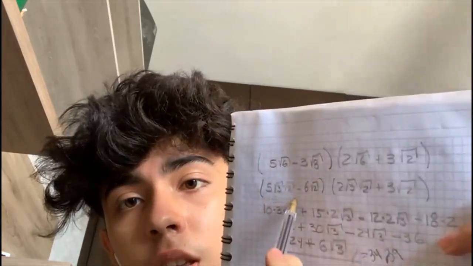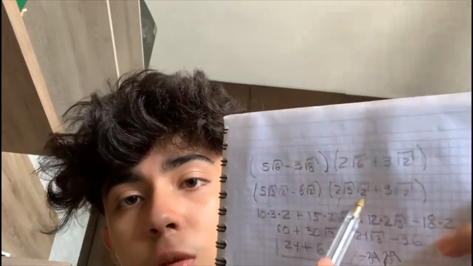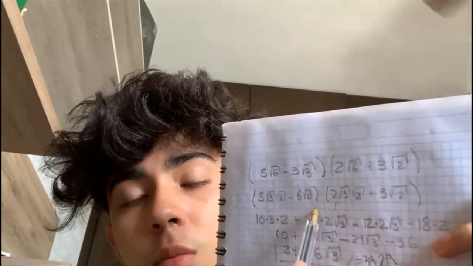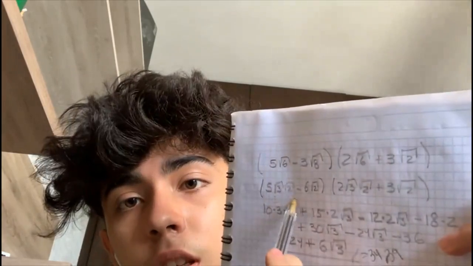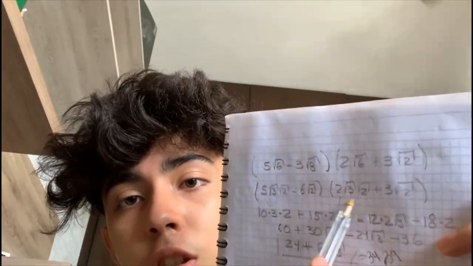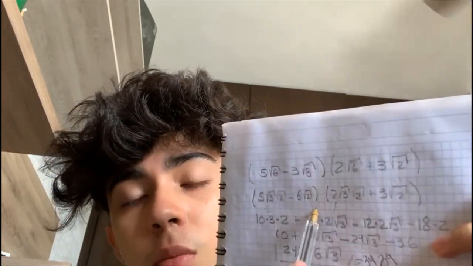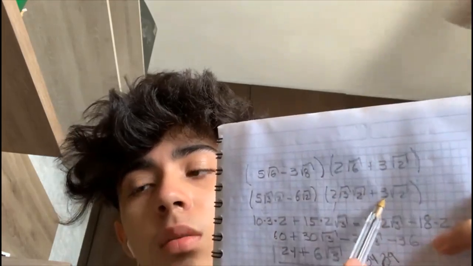So now that we have all the values, we're going to multiply this one times this one, and this one times this one, and this one times this one, and this one times this one.